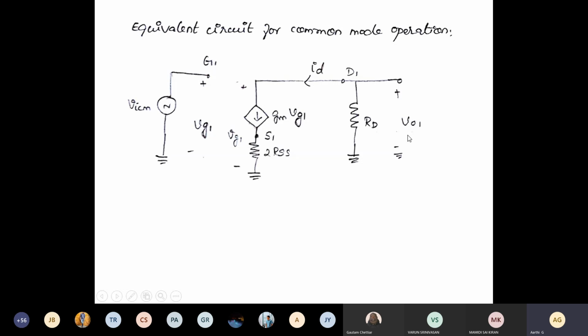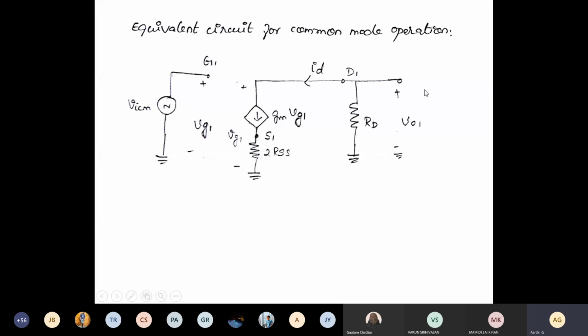V01 is the output voltage taken at the drain terminal. ID is the drain current, and VG1 represents the voltage at the gate. GM VG1 represents the constant current source at the output, and from the source to ground we have the degeneration resistance 2 RSS. So the same 1/2 circuit we are drawing like this.